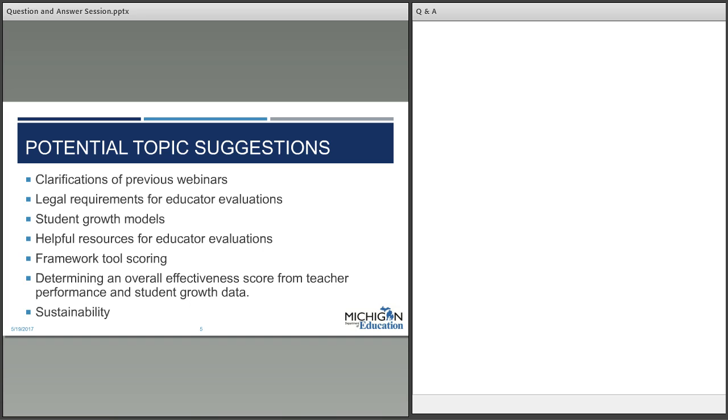I suppose that's going to have to be something that the local comes up with protocols and procedures for within their local evaluation model. There is quite a bit of latitude within the EdEval law to locally define processes and procedures, in particular when you have unique situations.